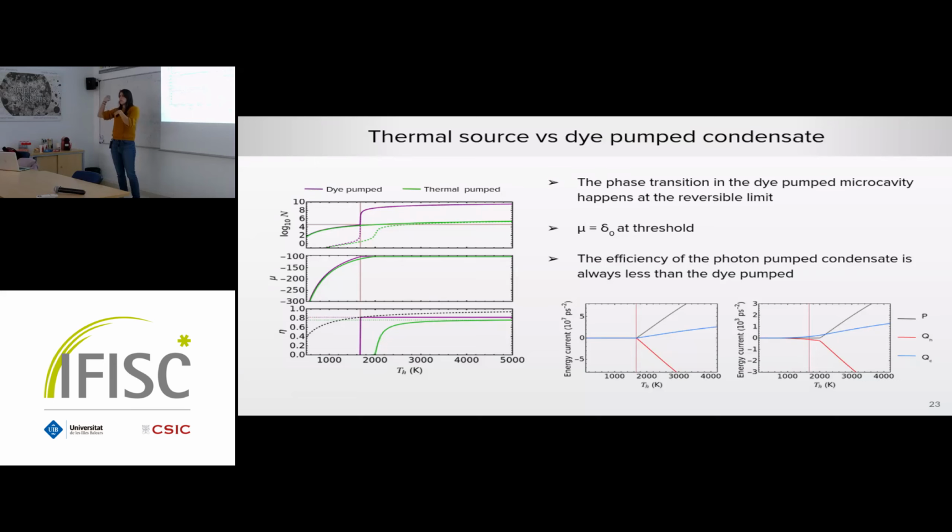You just have energy going from hot to cold without having power. And so you have more entropy, and so you can never reach the reversible limit. So even before, when you have a power output, when you have a condensate, you already have some heat current. So that's why this is more irreversible than the other one.